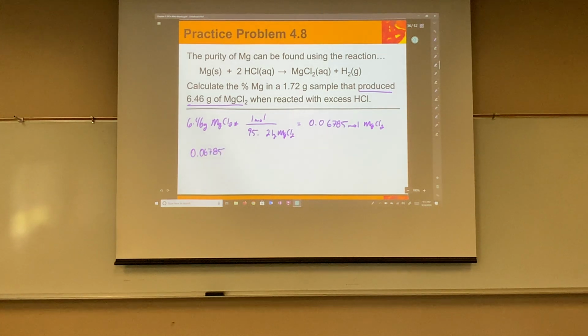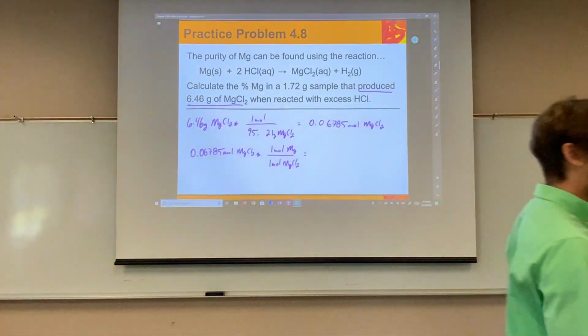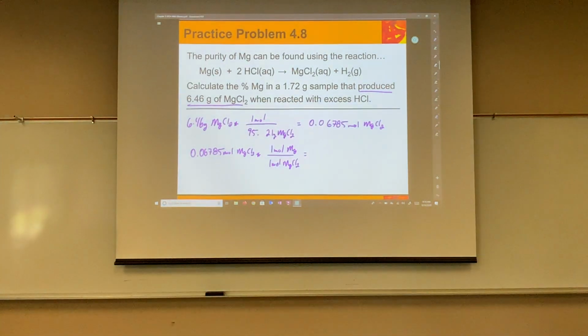Would it be important to write that information out? Yes, it would. Why is it important to write this information out? Because life is pain. That we don't mess something up. Right? Can you guys multiply everything by 1? Yes. That's not the point of what we're doing. What's the point of writing this out? The point is to understand how the units change. I don't care about the math, I care about the units. You guys with me on this?